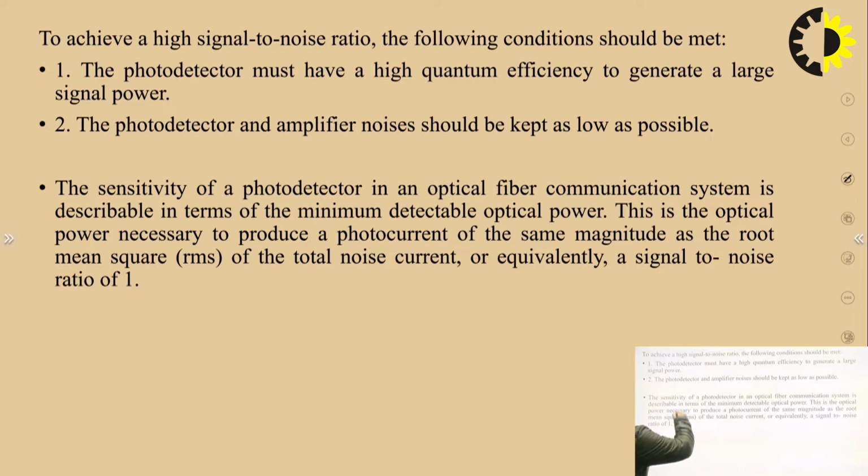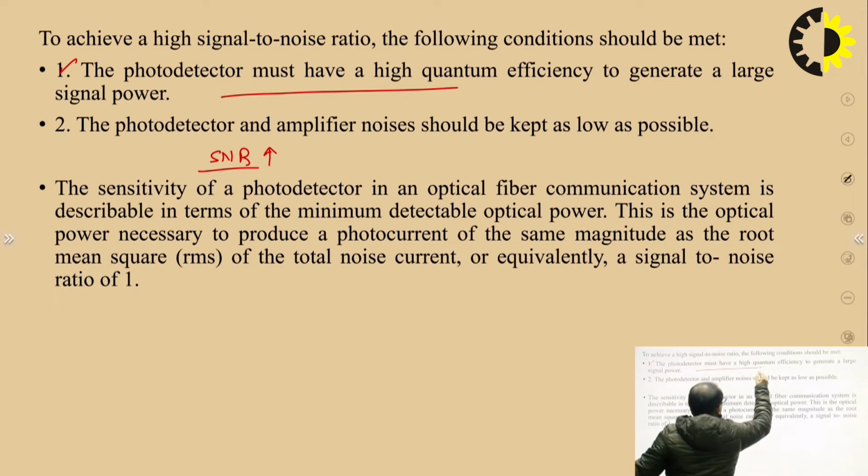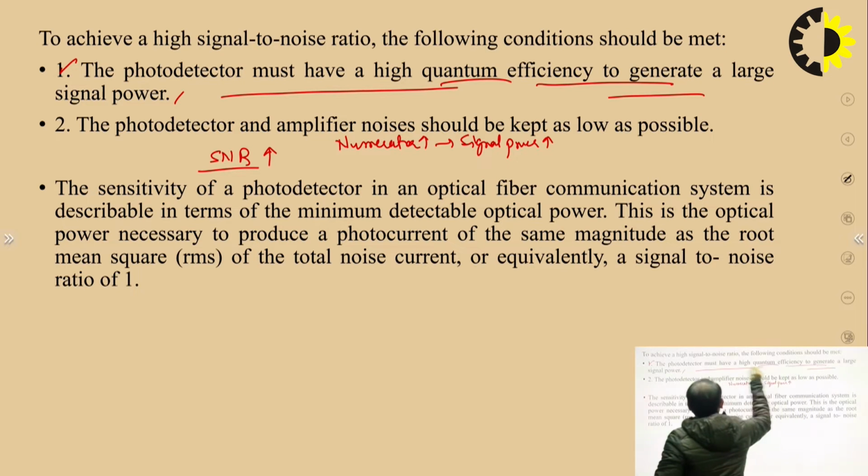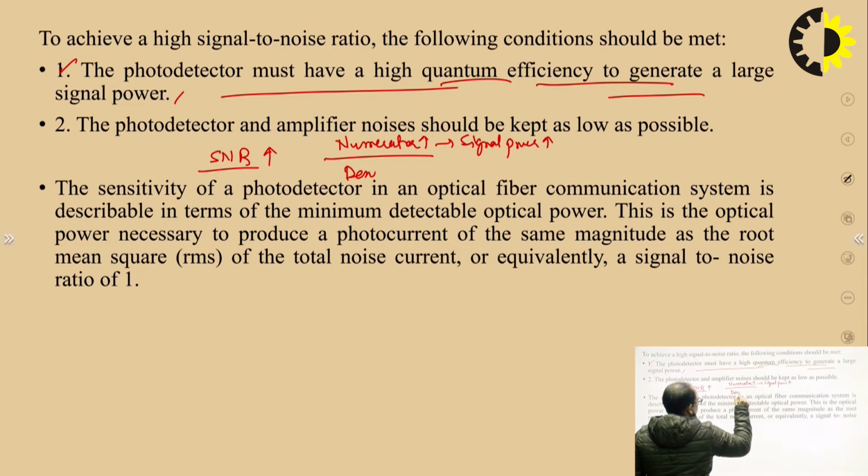So if I want to achieve a high signal to noise ratio, the photodetector must have a high quantum efficiency to generate a high signal power, means the numerator should be higher. When the signal power is high, it means there should be a high quantum efficiency of the photodetector. And the second point is to increase the SNR, the denominator should be minimum.